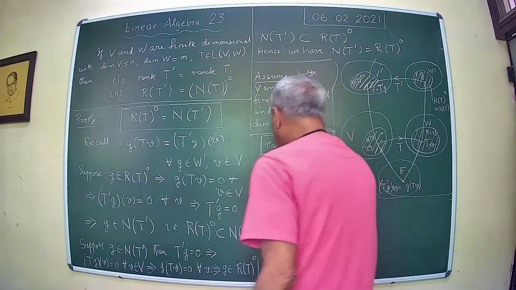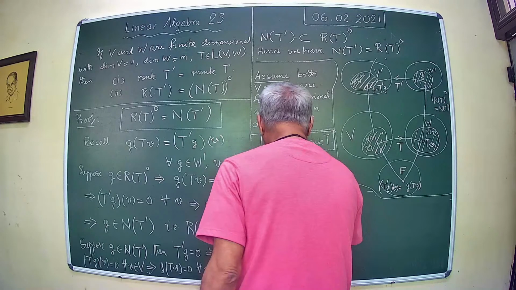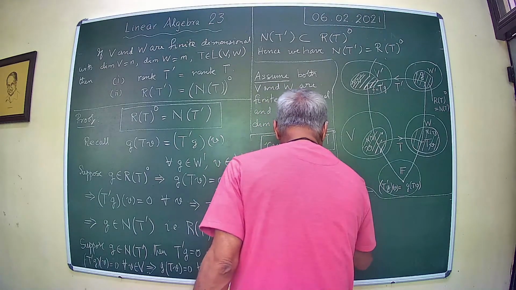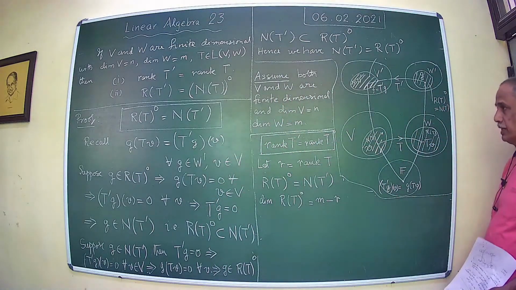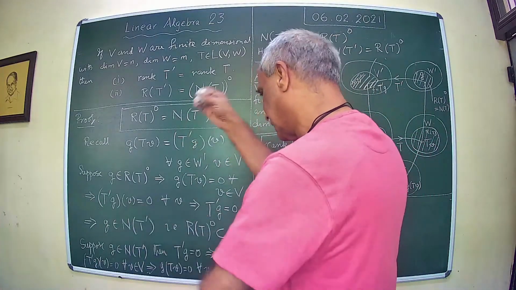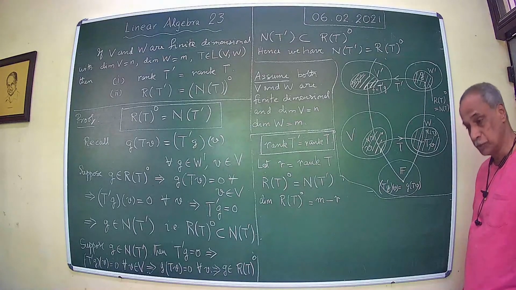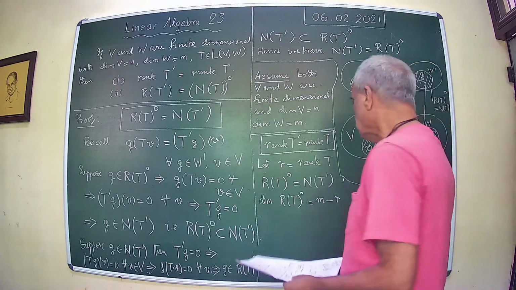But dimension of R(T) annihilator is equal to m minus r. Okay, so we have earlier made the statements of the connection between the dimensions of a subspace with its annihilator. Therefore, this is equal to this.